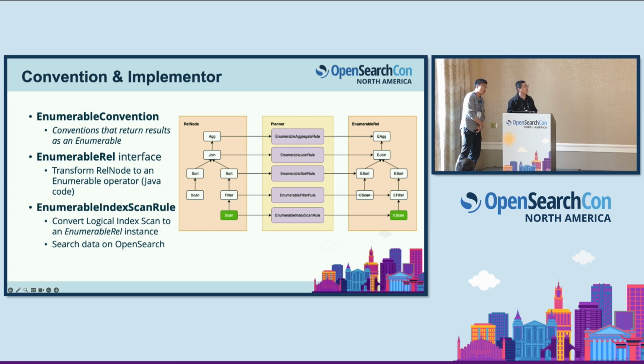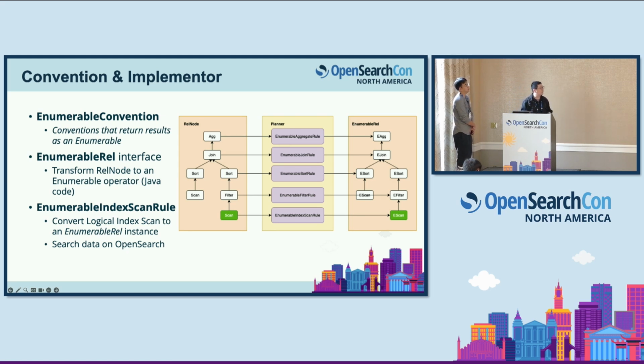So in Calcite, we use the internal Enumerable interface. The Enumerable rel interface translates a rel node to an Enumerable operator. The Enumerable operator is meant to be iterable in Java, so it can be executed row by row.